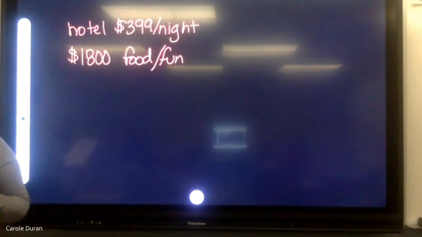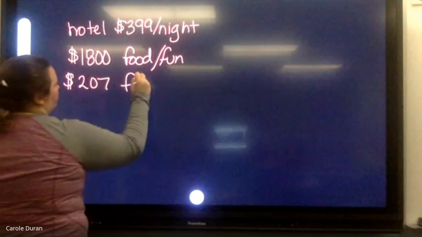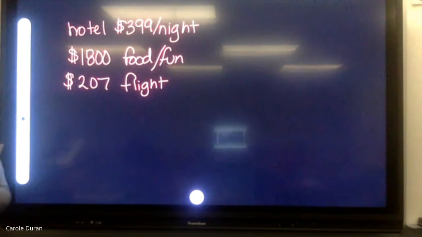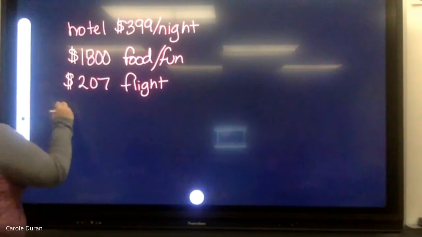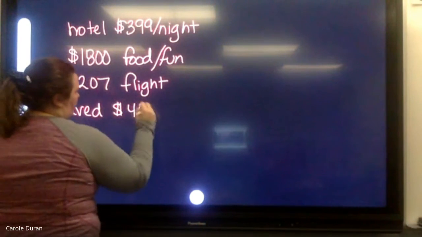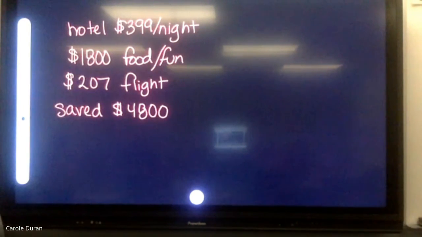The round trip flight with American Airlines will cost her $207. So far, she has saved up $4,800. Okay, so this is all background information that it gave me.